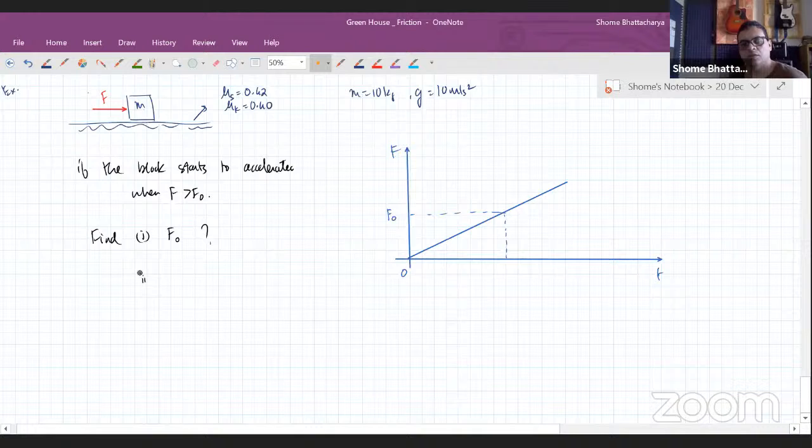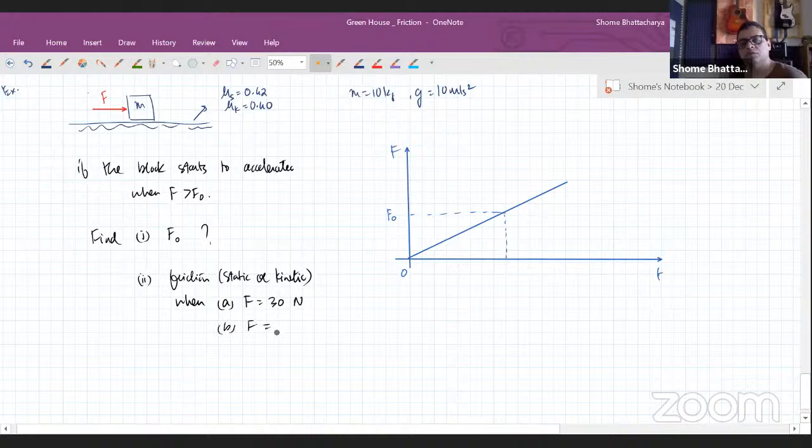Secondly, find the friction, whether it is static or kinetic, when F is equal to 30 newtons, F is equal to 40 newtons, F is equal to 60 newtons, and F is equal to 80 newtons.